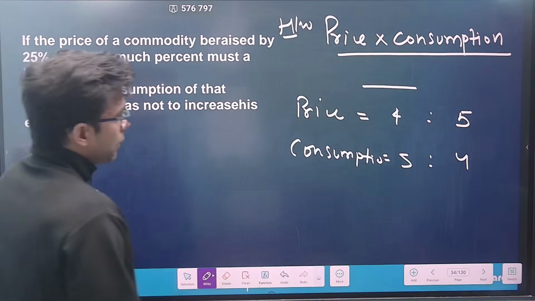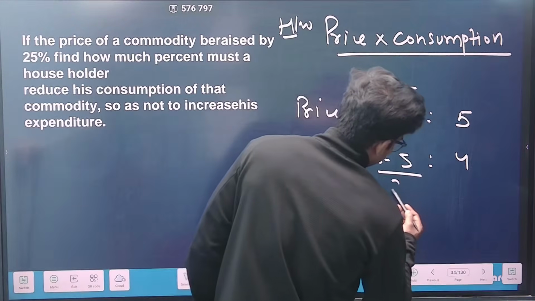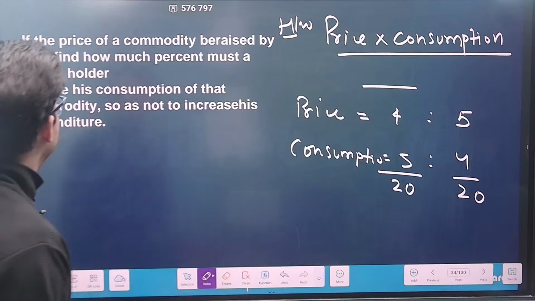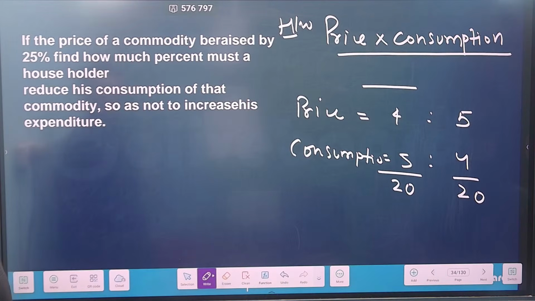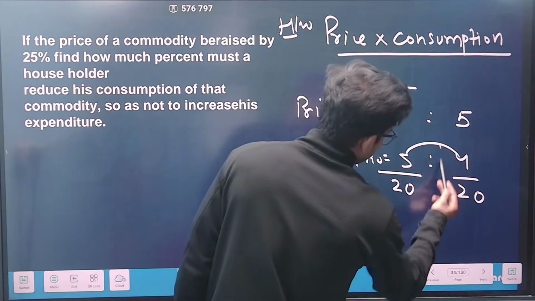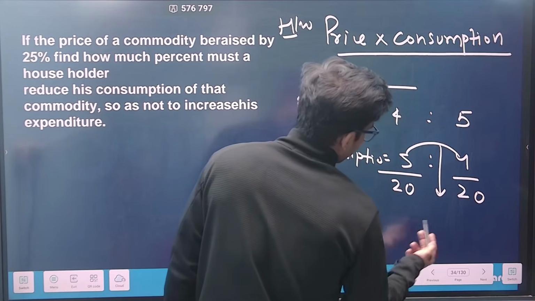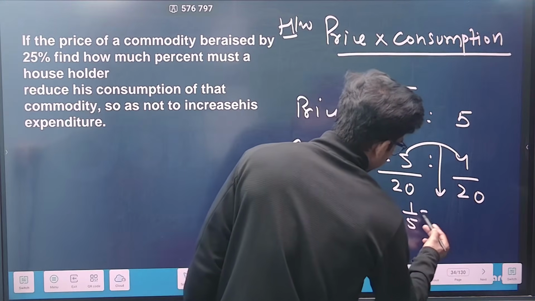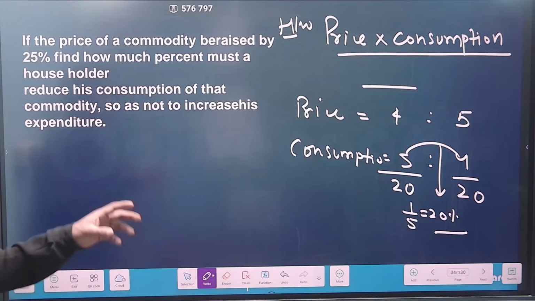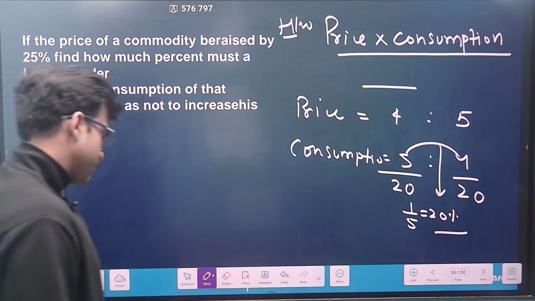Now this becomes 20 and this also becomes 20. They're asking how much percent must a householder reduce his consumption? Consumption is reduced by 1 over 5, which is 20%. I hope you understood. This is the case of price and consumption.